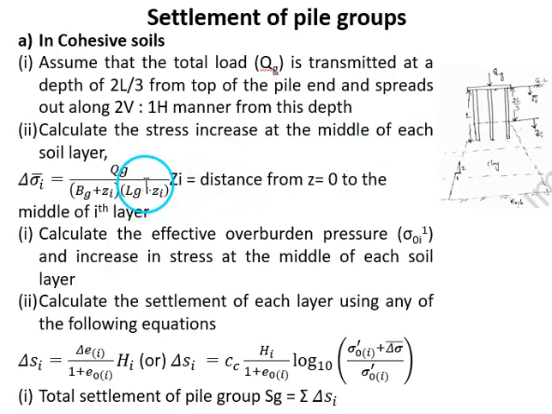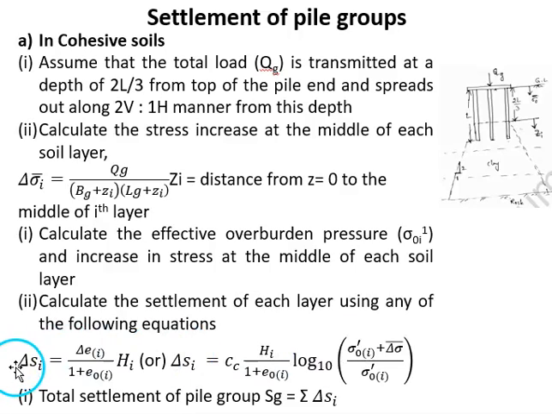So here the increase in effective stress can be determined by taking the ratio of allowable load divided by the area on which the load is distributed, and then we have to estimate the initial effective overburden pressure at the center of the clay layer.